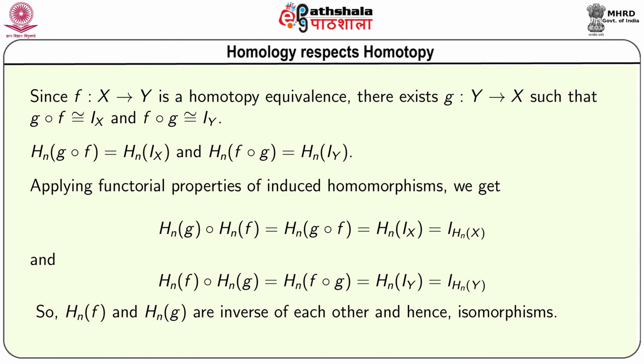So, it is given that f is a homotopy equivalence, therefore, we get a function g from Y to X such that g composed with f is homotopic to the identity on X and f composed with g is homotopic to the identity on Y. Then H_n(g∘f) is H_n identity on X and H_n(f∘g) is H_n identity on Y. Now, applying the functorial properties of the induced homomorphisms, we get that H_n g composed with H_n f is equal to H_n(g∘f), and that is equal to H_n identity on X, that is the identity on H_n(X). Also, H_n f composed with H_n g is equal to the identity on H_n(Y) in a similar way.